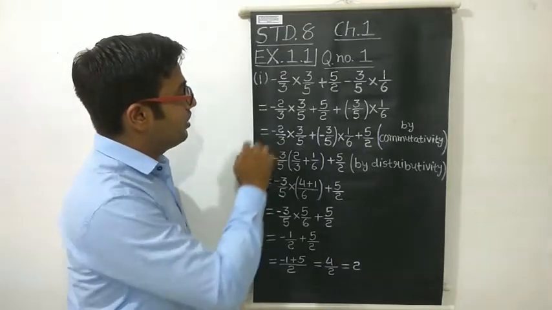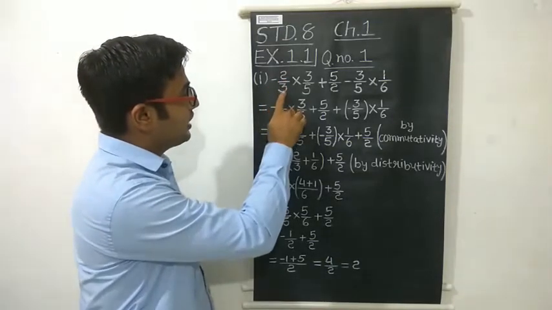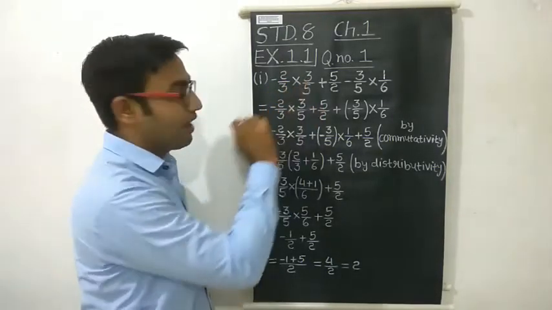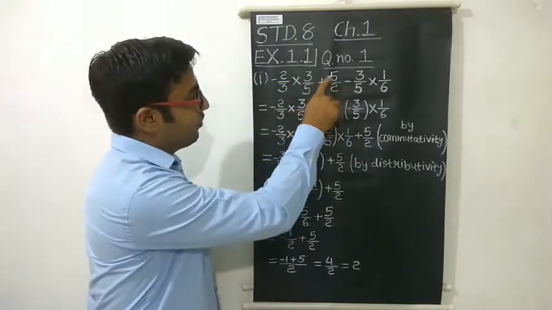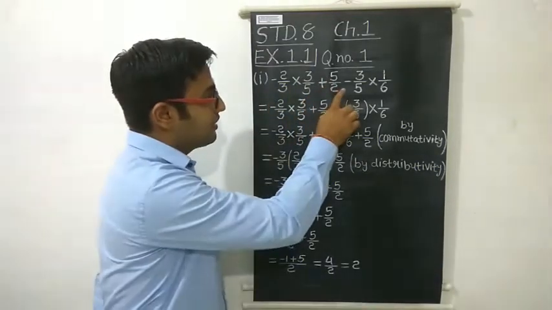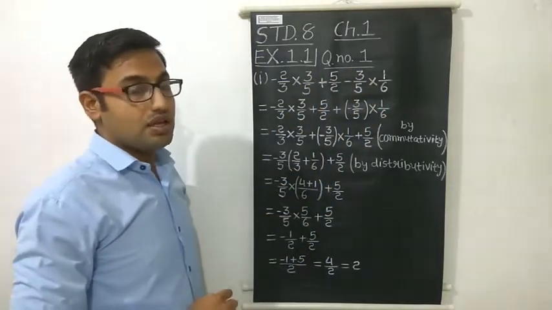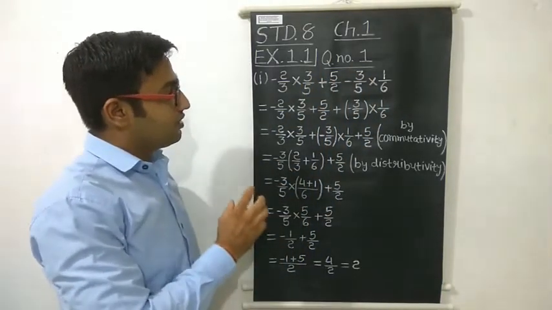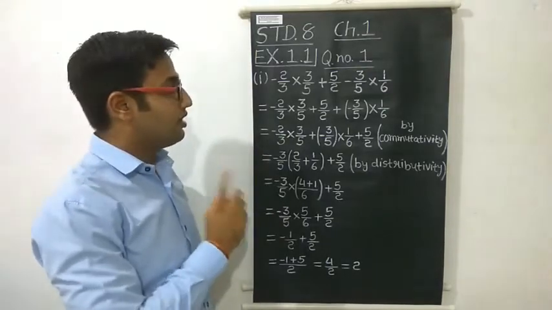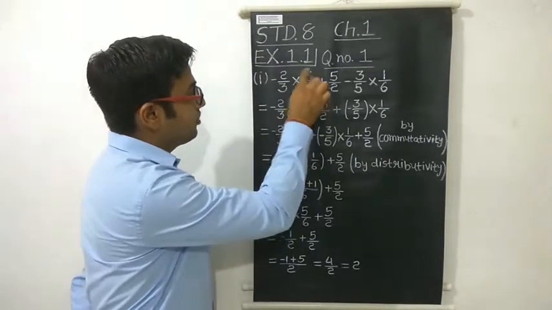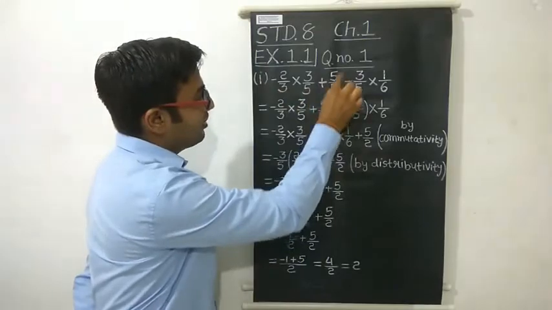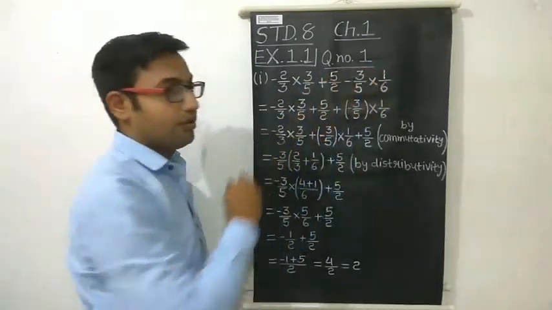See this question: minus 2 upon 3 multiplied by 3 upon 5 plus 5 upon 2 minus 3 upon 5 into 1 upon 6. So how many terms are there? There are 3 terms. This is the first term, this is the second term, and this is the third term.